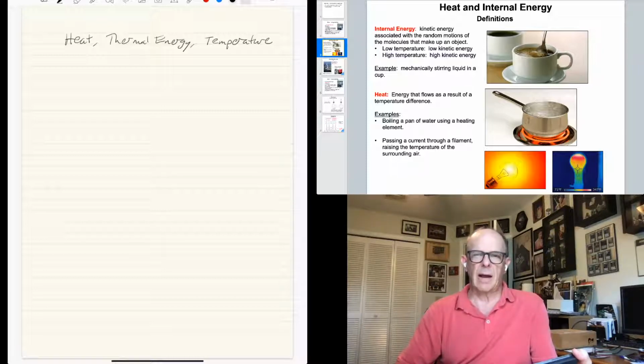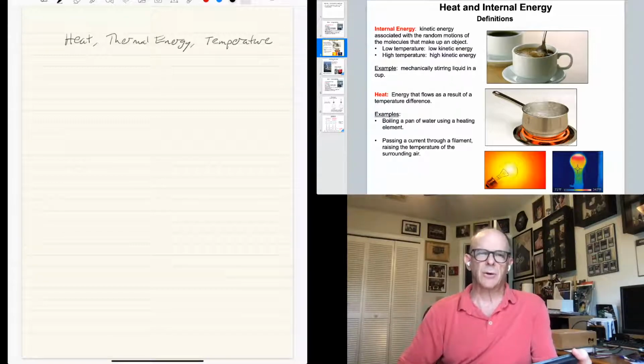So let's imagine a kitchen scenario. You're making chocolate chip cookies, and those chocolate chip cookies are on a cookie sheet in your oven, which is heated up to 350 degrees Fahrenheit. So you have put thermal energy into those cookies and into the cookie sheet that they're sitting on.